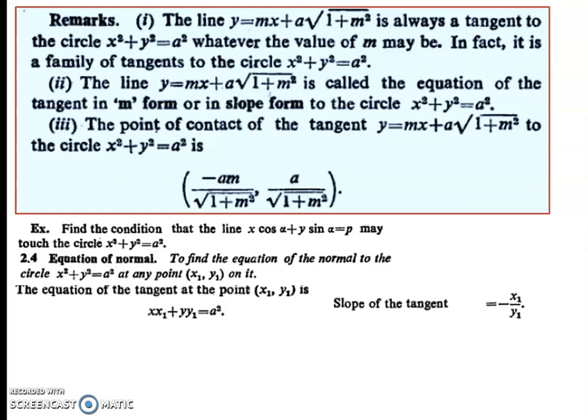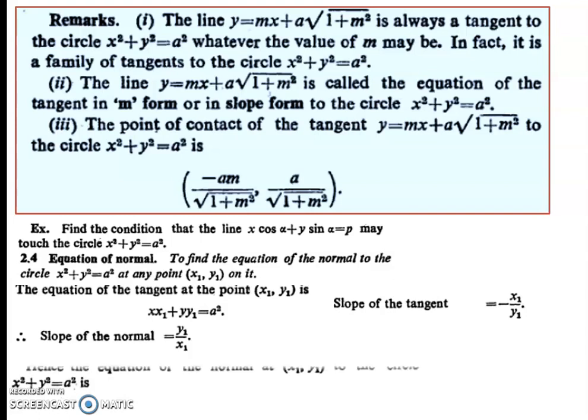What is the slope of tangent? That is minus x1 over y1. So the slope of normal is plus y1 over x1, and the equation of normal at x1, y1 is y minus y1 is equal to y1 over x1 into (x minus x1). On simplifying, we got xy1 minus x1y is equal to 0, which is the required equation of normal.